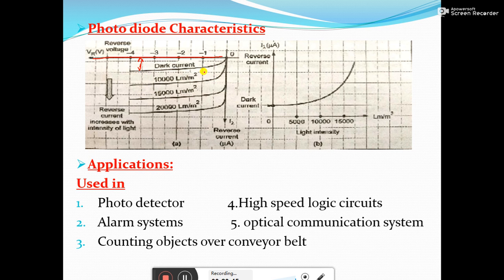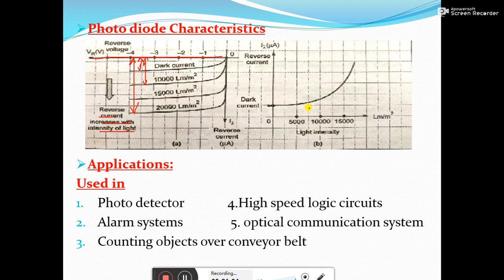As you can see here, for 1000 lumens per meter square, this much reverse current will flow. For 2000, this much reverse current will flow. This means that the reverse current is increasing with the intensity of light.